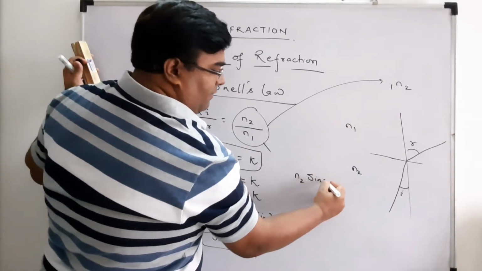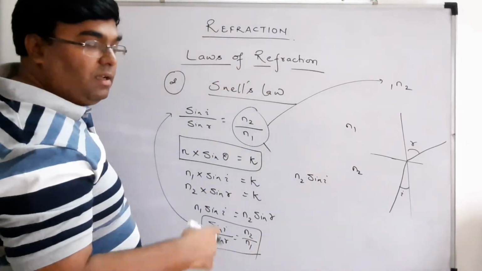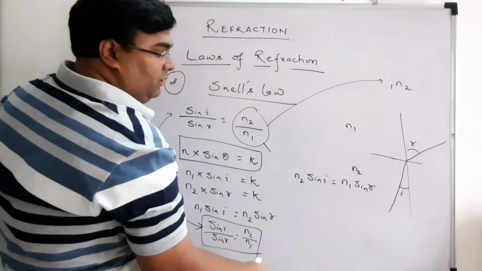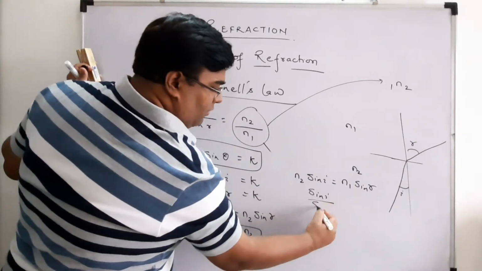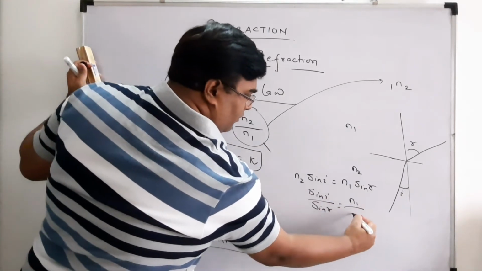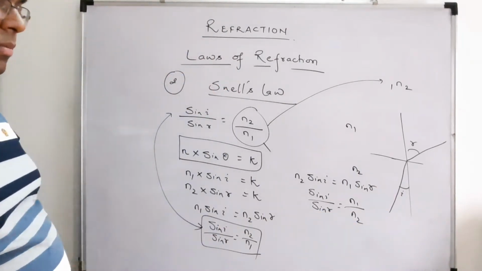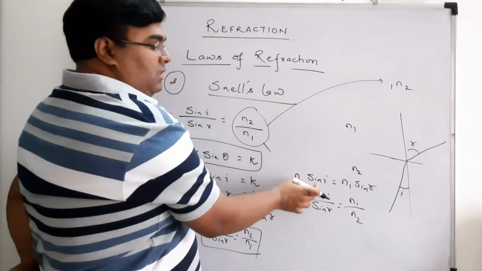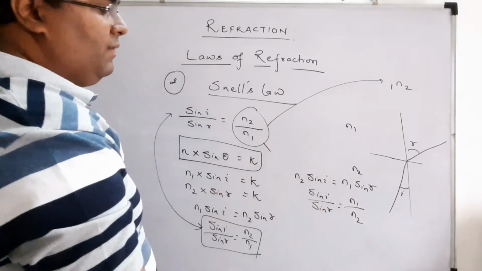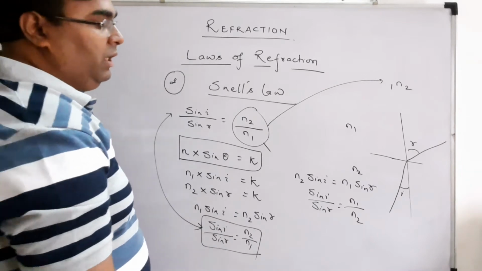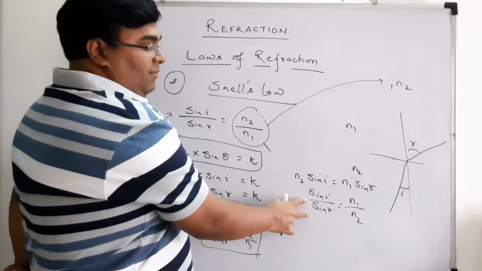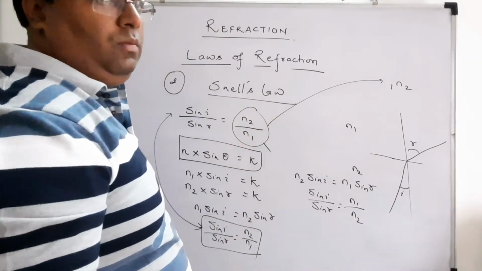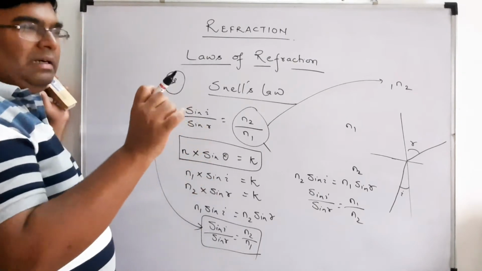N2 sin I, because now my angle of incidence is I, is equal to N1 sin R. So in this case we got N1 by N2. But we remember the concept that the refractive index and sine of angle in that medium is always constant. Here sin I by sin R will give me the refractive index of N1 with respect to N2. Okay, so just remember the terminology.